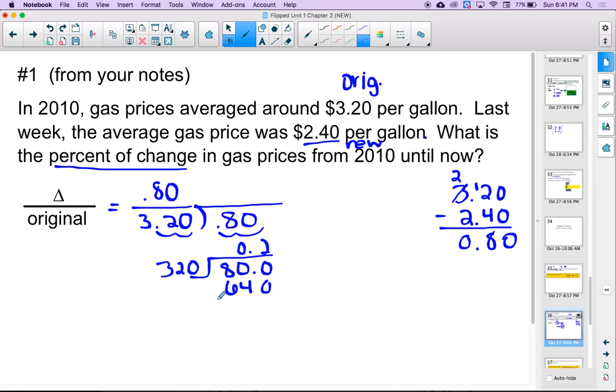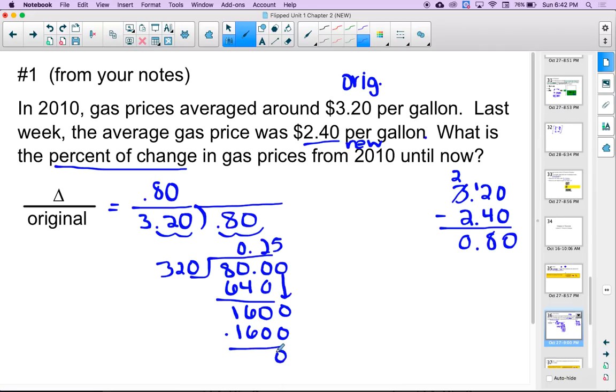If I do that subtraction, I get 160. 160 is smaller than 320, so I can add a 0, bring it down, and I get 1,600. 320 goes into 1,600 5 times. If you don't believe me, check my math. 5 times 320 is exactly 1,600.